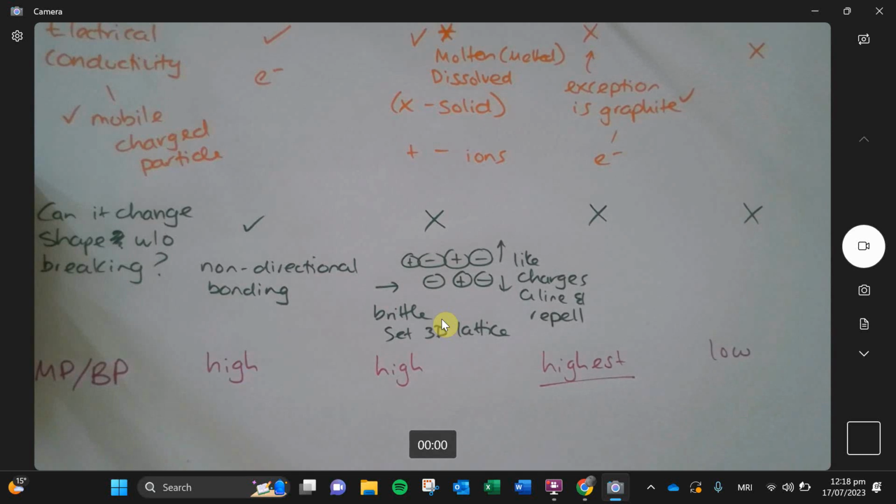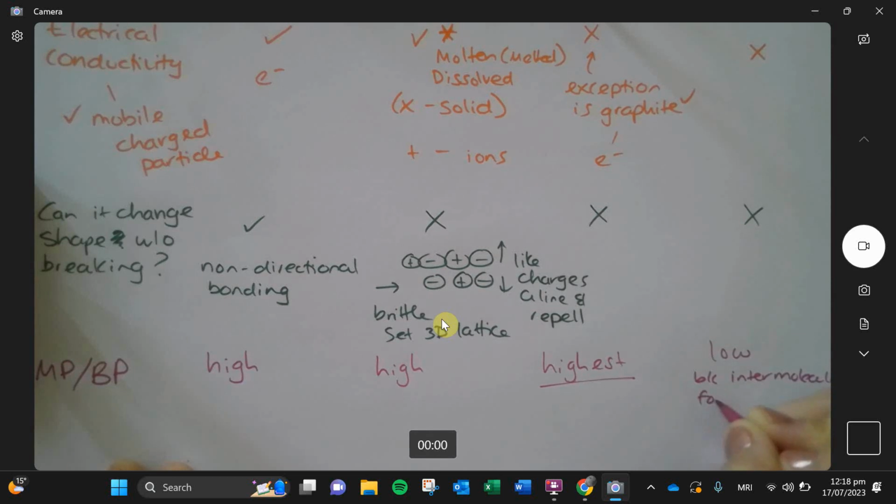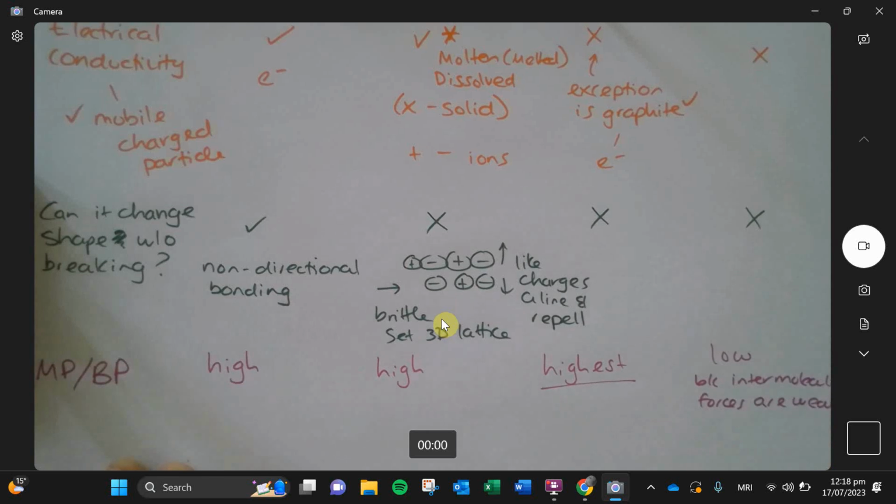And the reason why has to do with the bonds. So again, identifying it is the achieved, relating it back is the merit. You're going to tie these ones back to the type of bonds. So this one you'd say it's because the intermolecular forces are weak, so they don't require a lot of energy to break.